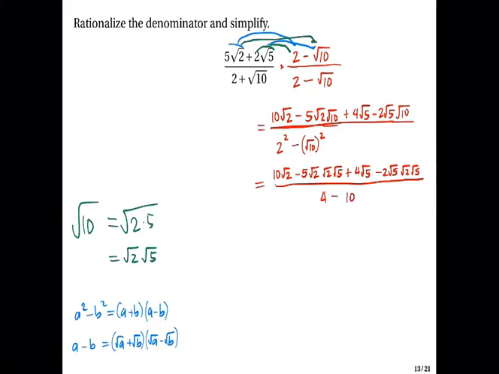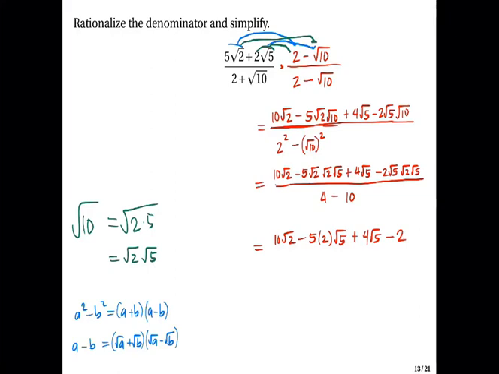And then here, we will now have 10 square root of 2 minus 5. And then you have square root of 2 times square root of 2. That's just 2. Then we still have that square root of 5 there. Plus 4 square root of 5 minus 2.